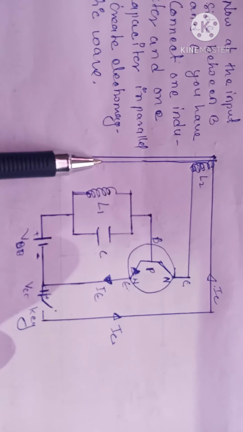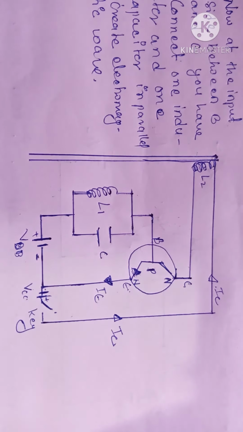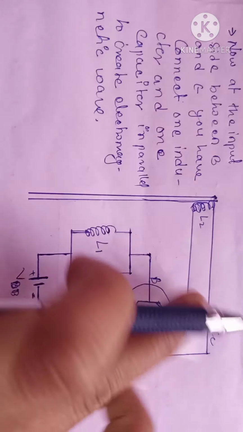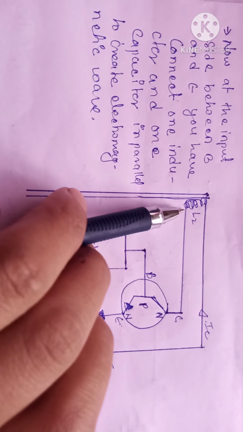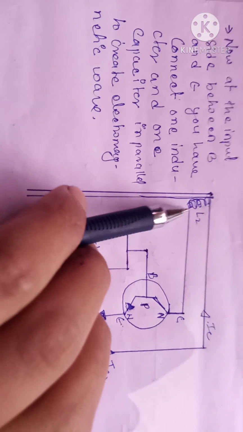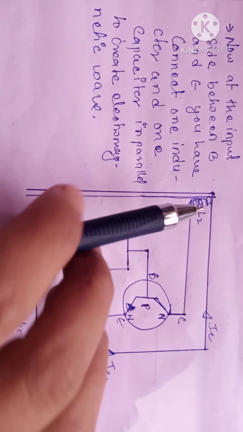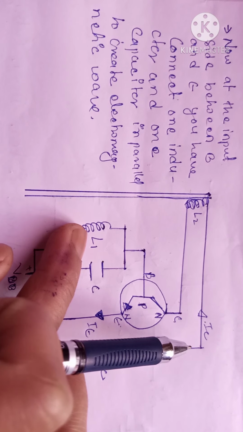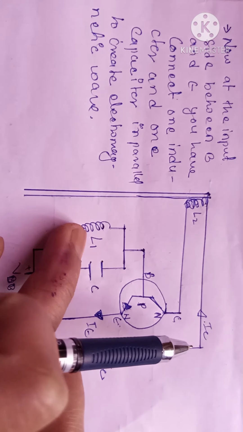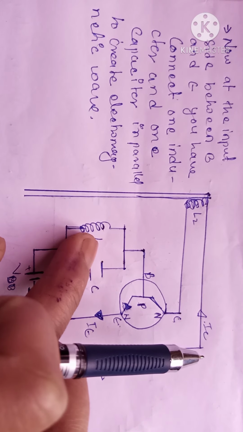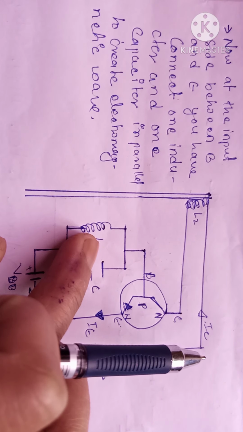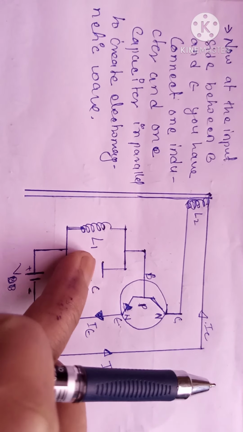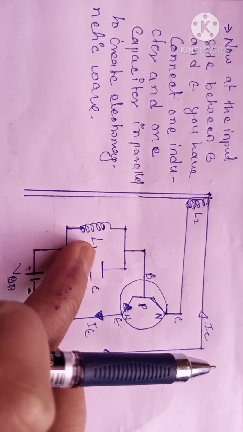This line shows mutual induction. At inductor L2, flux is going to change. The changed flux reaches the L1 inductor by mutual induction, and the changing flux in the L1 inductor creates an EMF, which is called self-induced EMF.